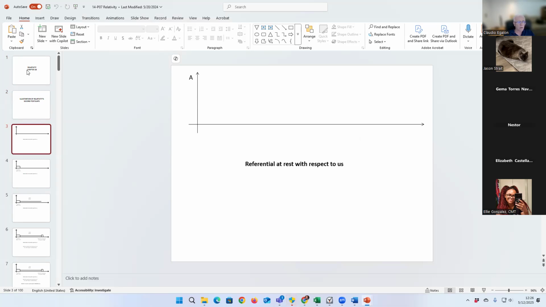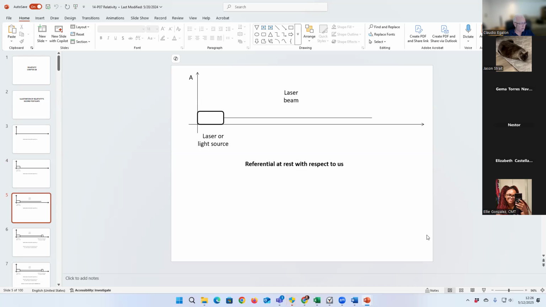So here you go. Consider a referential at rest with respect to all of us, okay? We have a laser or light source that is projecting a beam in space.